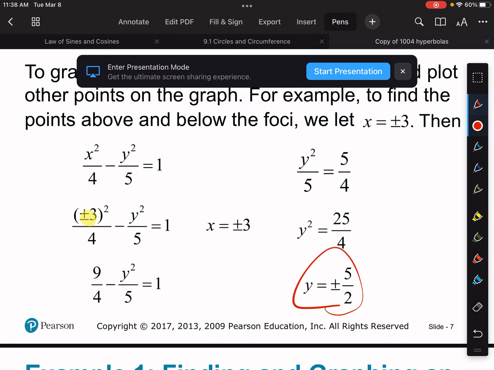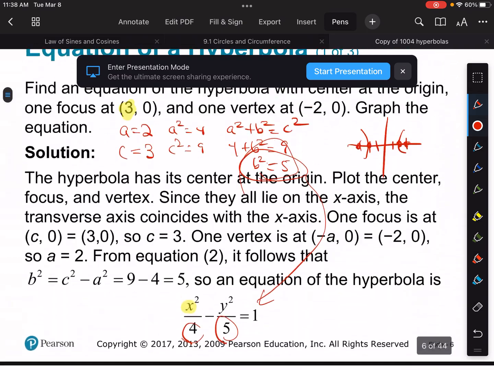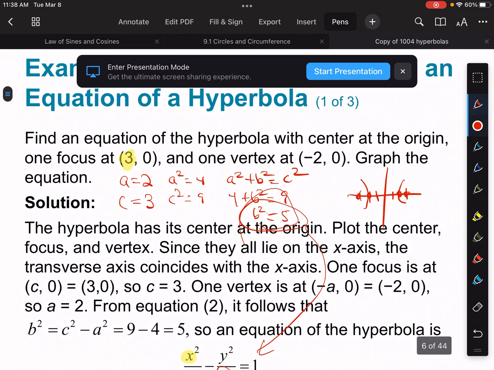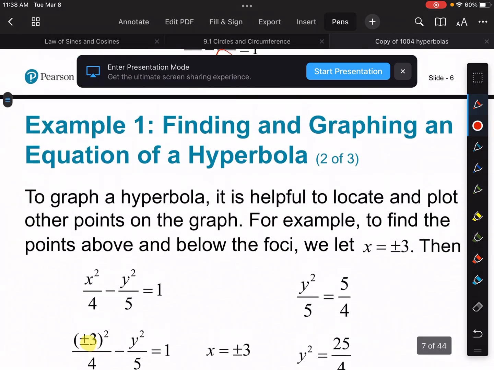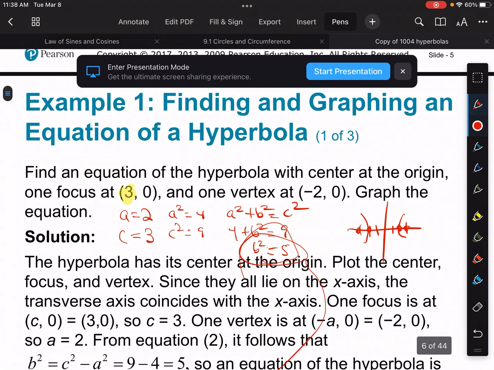So when you go to graph it, you know that at your focus, when you plug in, the y values are at 2.5. So you'd go 2.5 up and have a point there, and then 2.5 down, you'd have a point there, and you can use that to connect and get your shape going. And that's plus or minus, so it's the same on both sides.